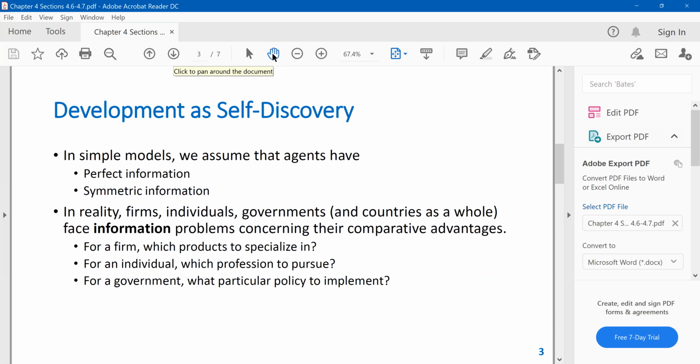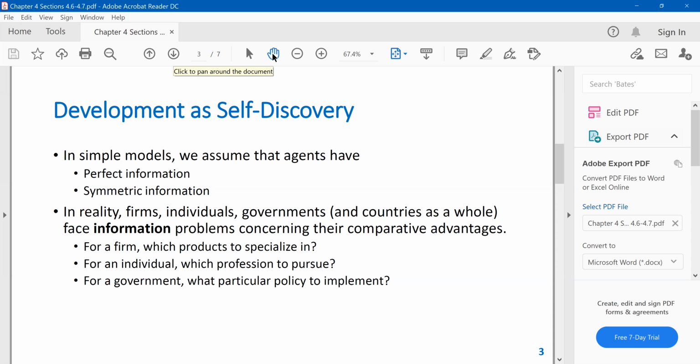One is a firm that does not know initially which product to produce, which product to specialize in. Okay, how to produce these products, which particular technologies, which particular input mixes would be optimal, etc. Where to target, which market to send to. Is it going to be England or is it going to be Singapore, right?